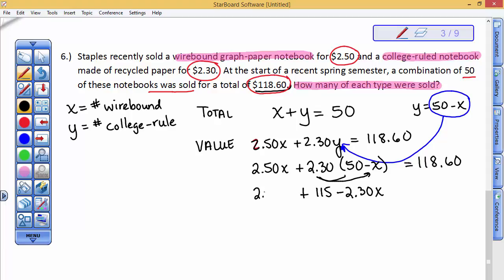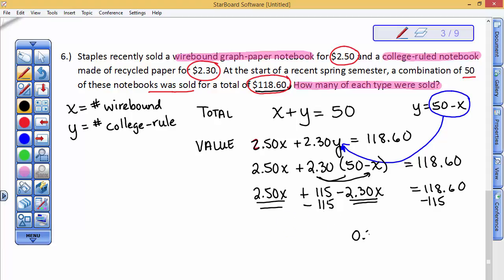The 2.50 minus the 2.30 is 0.20X. If you don't mind, I'm going to subtract 115 at the same time as I combine those like terms. So I'm actually going to move this 0.20 over here. And this subtraction is going to result in $3.60.